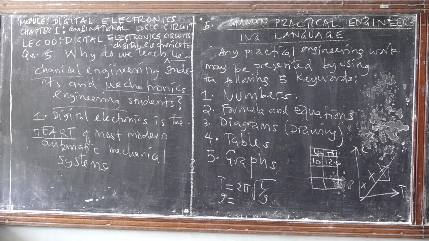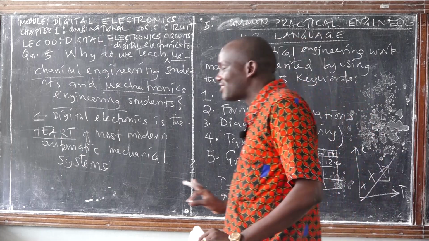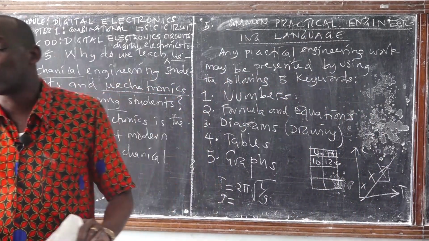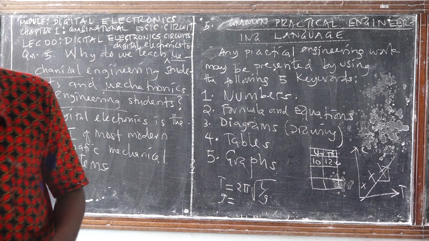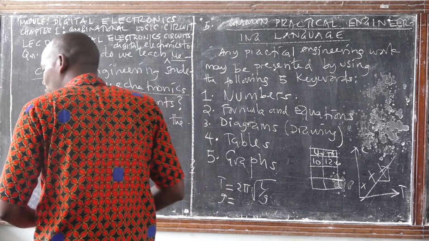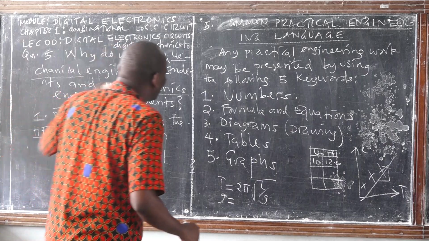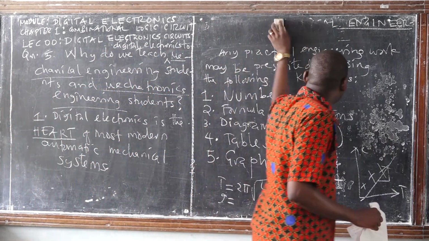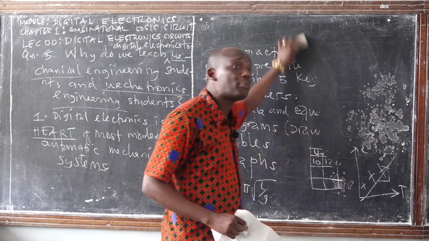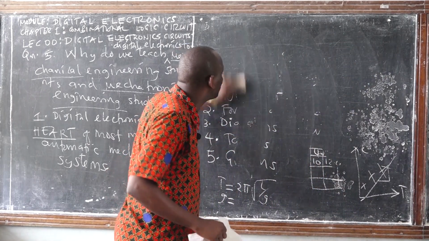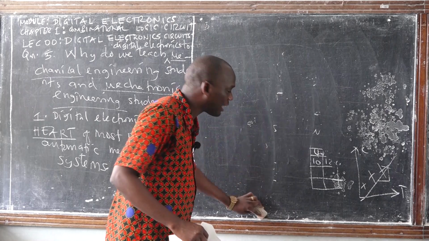Why? Because once you lose your heart, you are no longer. So if you dislike digital electronics as mechanical engineering students, then you dislike the heart of the modern mechanical system. I'm talking to those students who always judge the modules because of the name, digital electronics. No. We are teaching you for a particular purpose. You need this knowledge whether you like it or you don't.